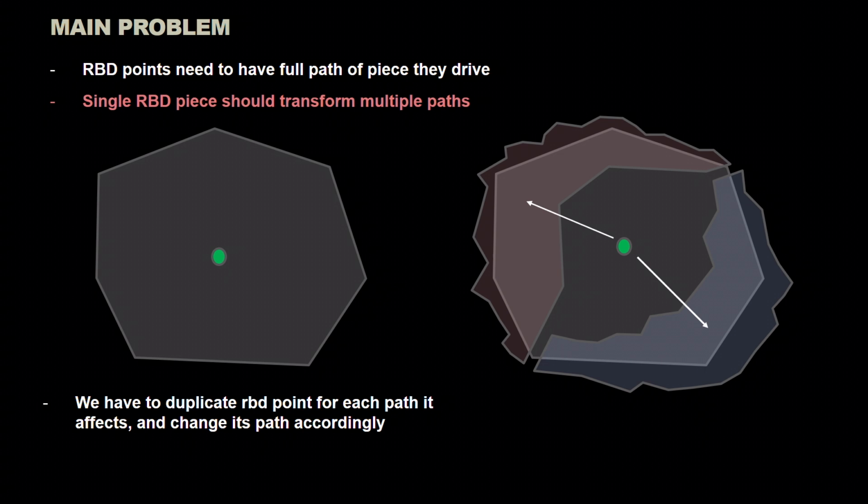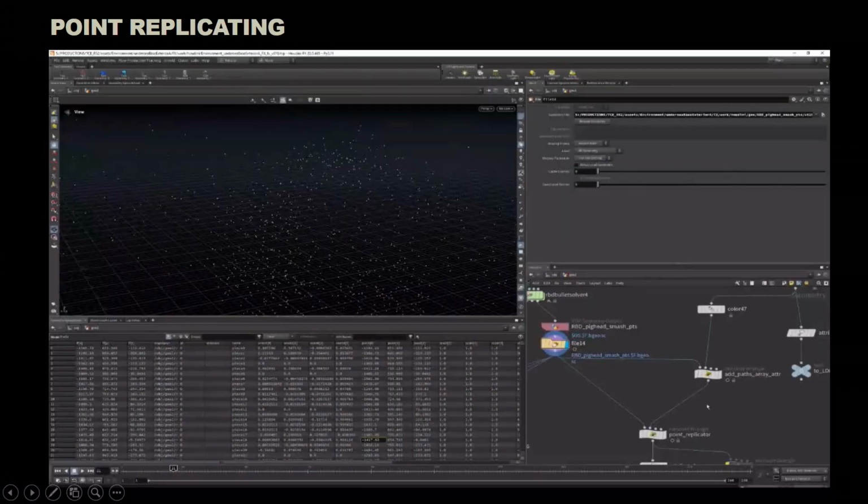So, for example, on the right, you see that a single RBD point should transform both these red and blue primitives. What I figured out is that you can just duplicate your RBD points and change the first part, which is the path, and the second part will be the same name piece. And yeah, I have a video for this, but it's very confusing.